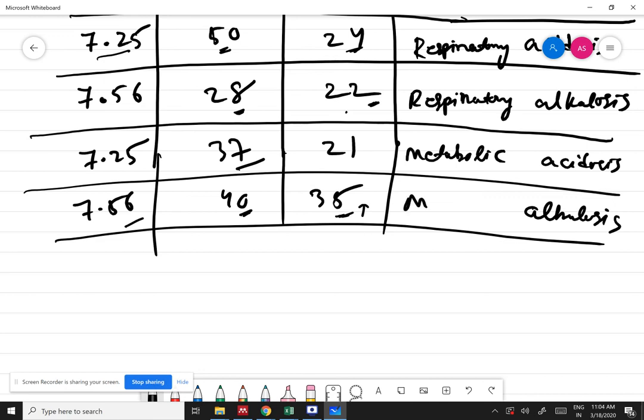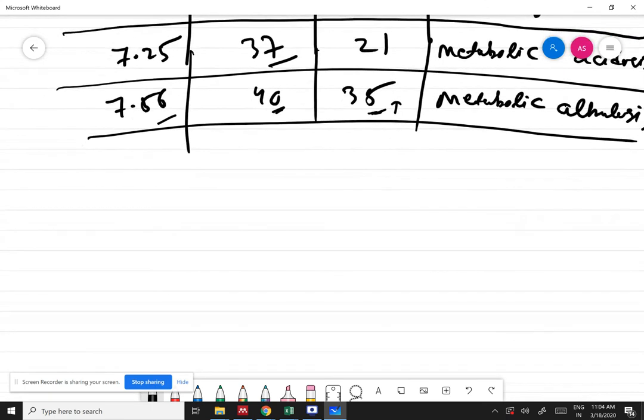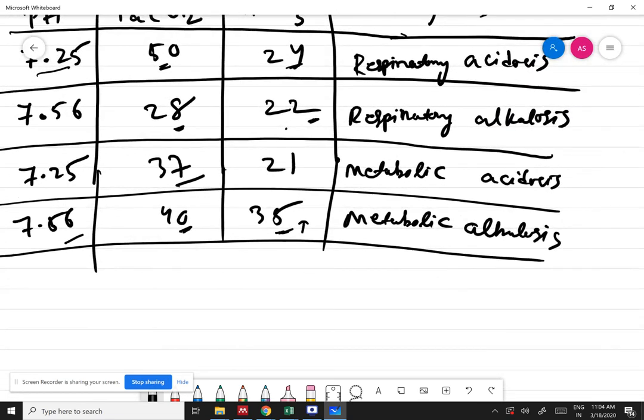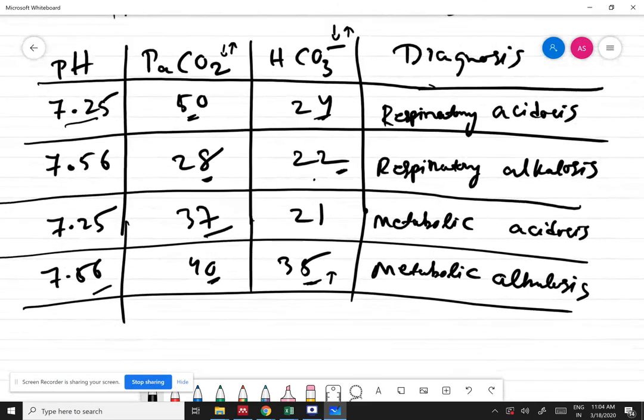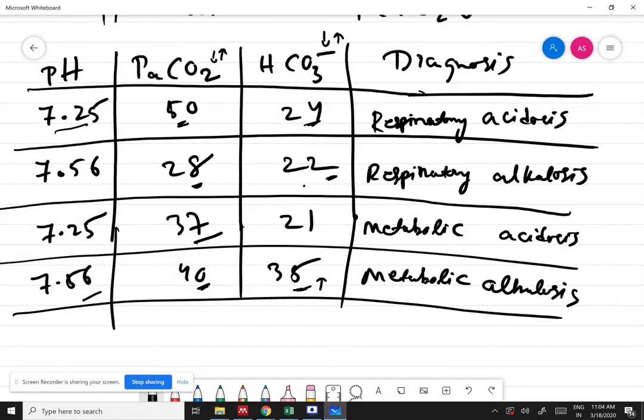So this is metabolic alkalosis. This is the way you analyze from these values of pH, PaCO2, and HCO3 minus whether something is respiratory acidosis, respiratory alkalosis, metabolic alkalosis, or metabolic acidosis.